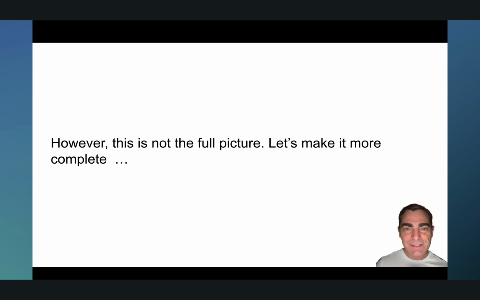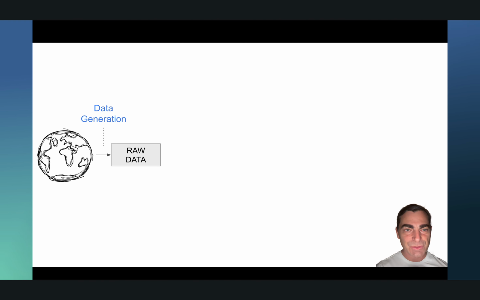However, this is not the full picture. Interestingly, information visualization or data visualization, as is also commonly described, is not just about taking data and finding a visual representation for the data set. So let me try to give you a more complete picture of what is going on in visualization.